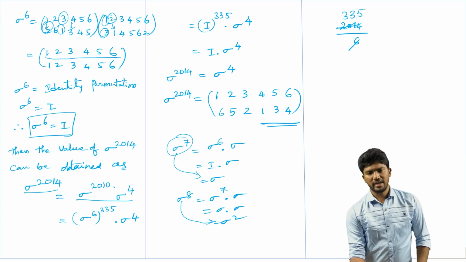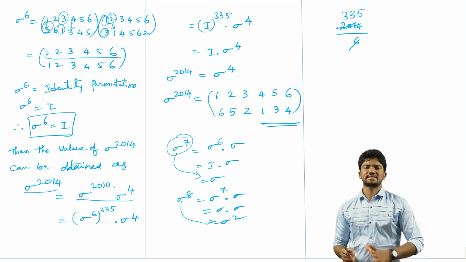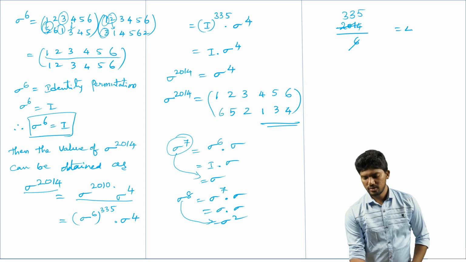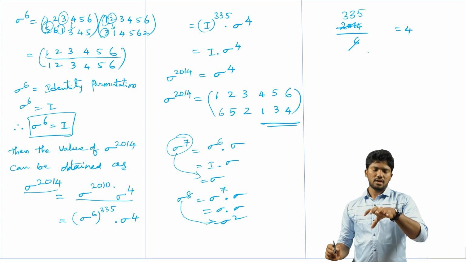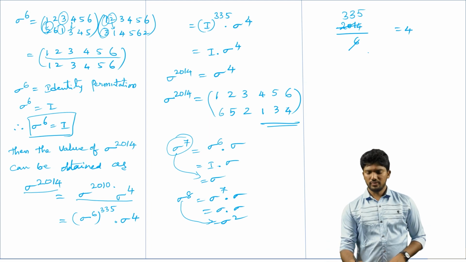Whenever 2014 is divided by 6, the remainder is 4, so 335 is the multiplier value and 4 is the remainder.